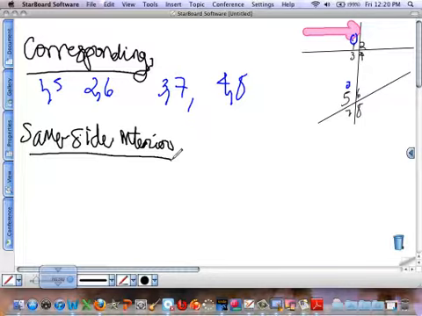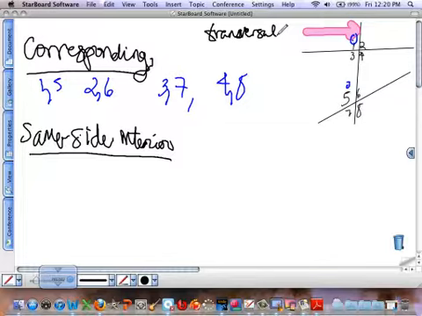Say it again, Brian? The same side is like on the same part of a line. What do we call that line? The transversal. That's it. So same side means they're on the same side of the transversal, right? What does interior mean? Inside.